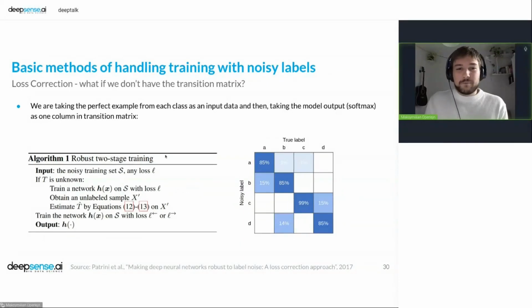So the whole algorithm looks like that. We have the T of the transition matrix, which is unknown, and we are training the network with the noisy labels, as I described to you. Then we are gathering some different samples, which were previously not used to train the model. We are looking for these perfect samples, and then we are estimating the transition matrix and, of course, retraining the model once again, this time with this loss correction.